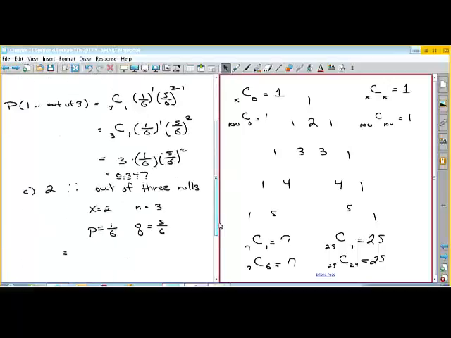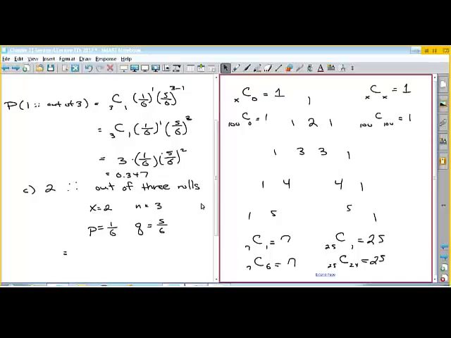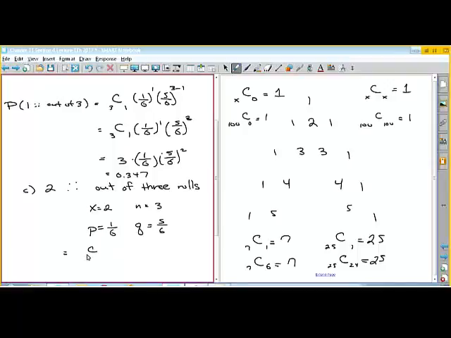So, okay. Anyway, the answer was, let's see if anybody gave me an answer, 0.069, which is the correct answer. So what you would do is you take 3 things 2 at a time. You have the probability of success, which is 1/6. You square that because that's the number of successes.